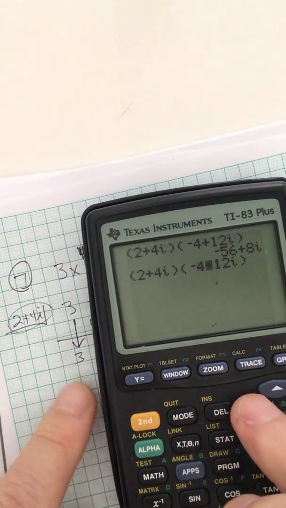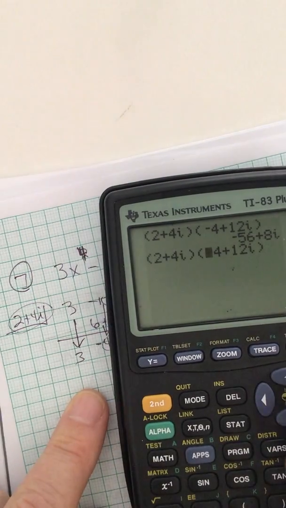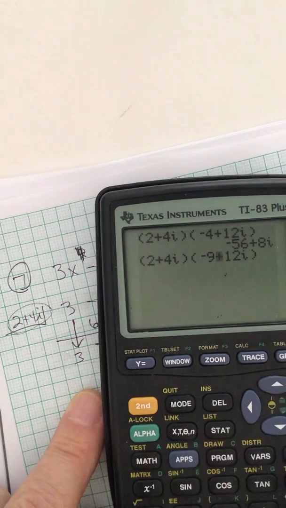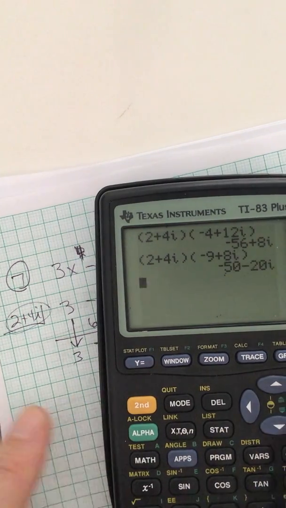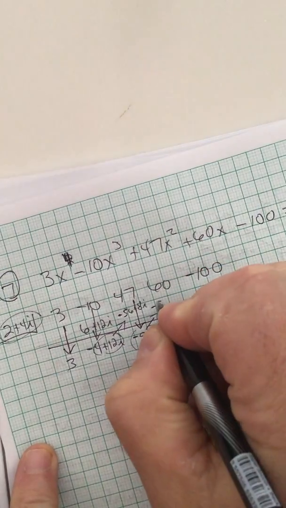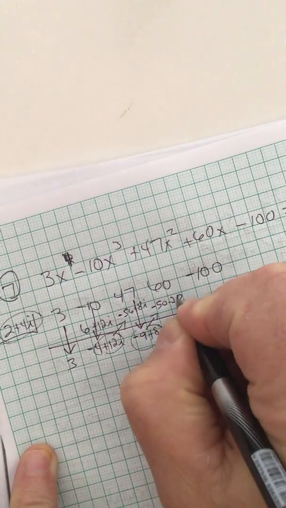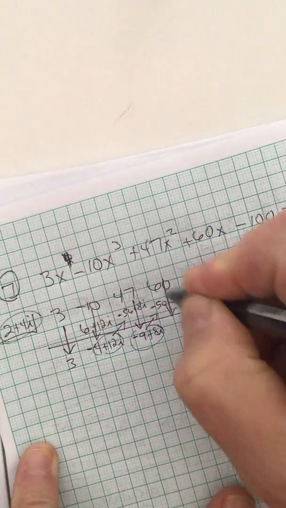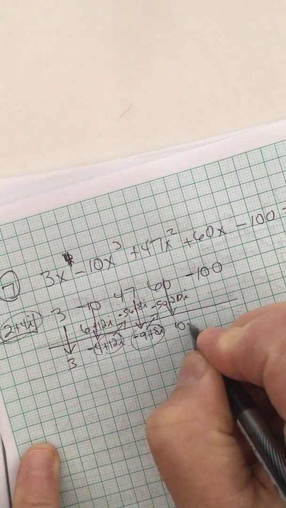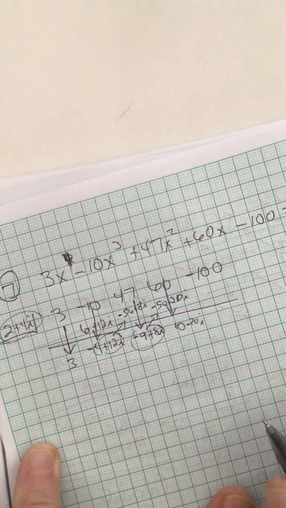Okay, so I'm just gonna change the second one to -9 plus 8i. Okay, that gives me negative 50 minus 20i. Add down, 60 and negative 50 is 10 minus 20i.